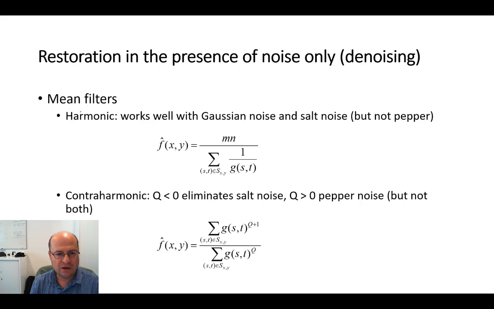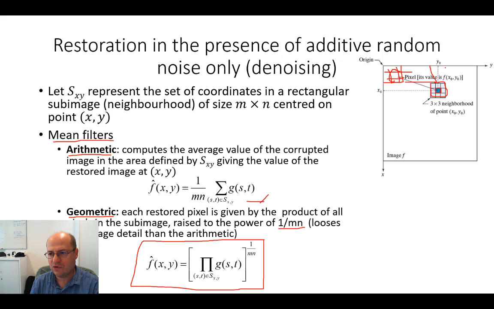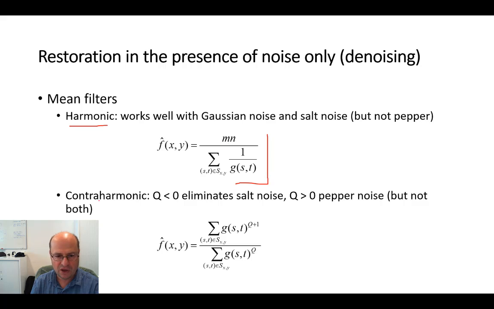We have other mean filters, harmonic filters, to which you apply this formula. You apply this formula on your window and substitute the middle pixel by the result of this equation. Contraharmonic, it's very good, it depends.